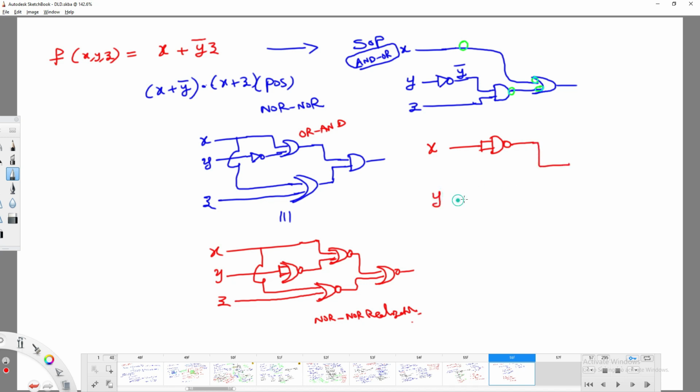Then for y, again I am going to do the complement, so you get y complement. Here we get x complement. That x complement, observe, so this bubble cancels. For z, I am going to get the data that I bubbled up already. So a NAND gate is there, and this entire thing you can represent as one NAND gate. One NAND, right? This is the corresponding NAND gate representation for this particular thing.